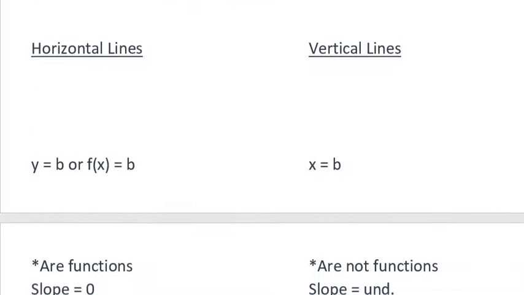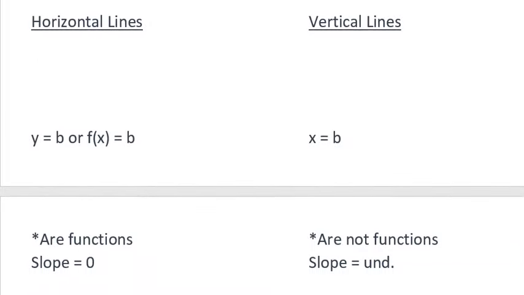Okay, now we're going to talk about horizontal and vertical lines. These are our special cases. For horizontal lines, think of the horizon. It's your flat line. As I mentioned up there, that is your constant function. So your equation might look like y = a number or f(x) = a number. That's how you know it's a horizontal line that you're graphing. These are functions.